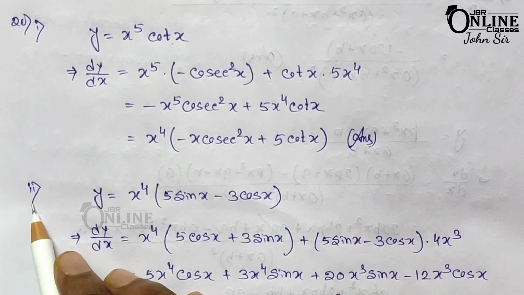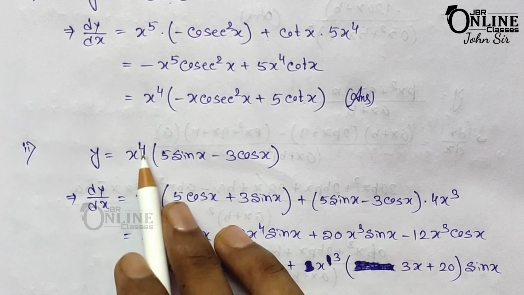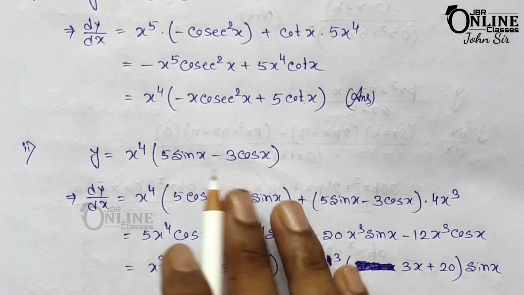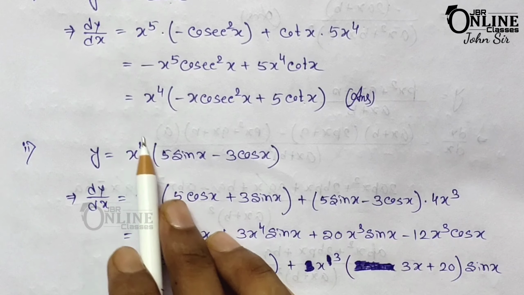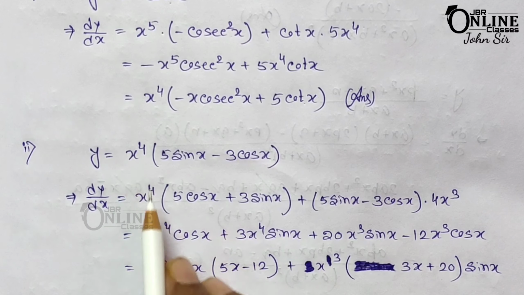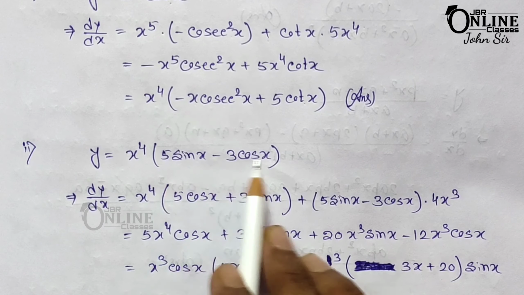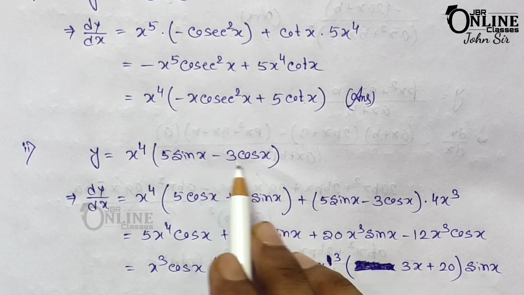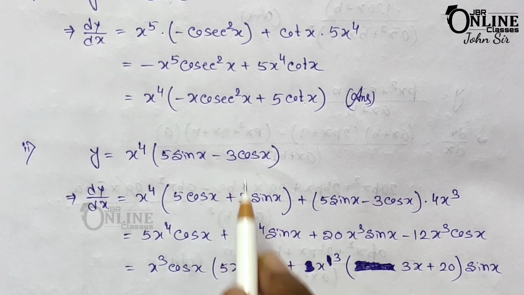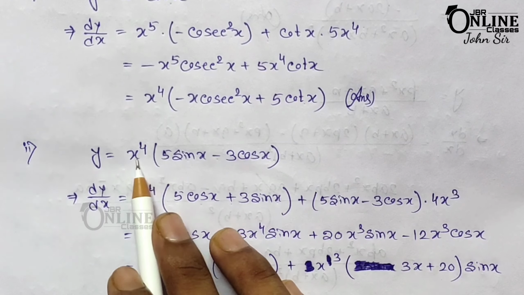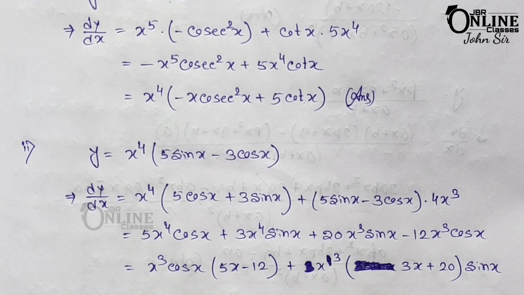Next 22. So here x to the power 4 into 5 sin x minus 3 cos x. So here you can also apply the uv rule. That means first one as u and second one the whole one as v. So first write down u and then differentiate this one. So 5 sin x means cos x and here cos x means minus sin x. So it will be plus 3 sin x. Then write down the second one and the derivative of this one, it's 4x cube.